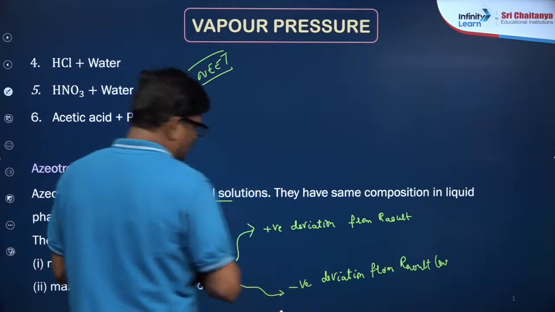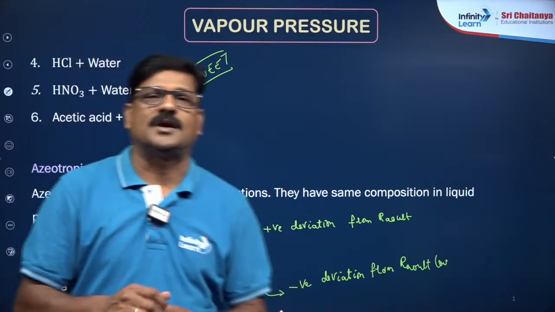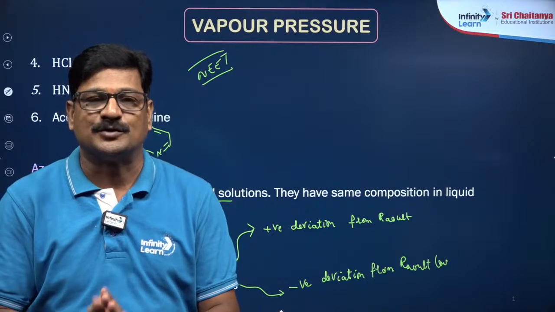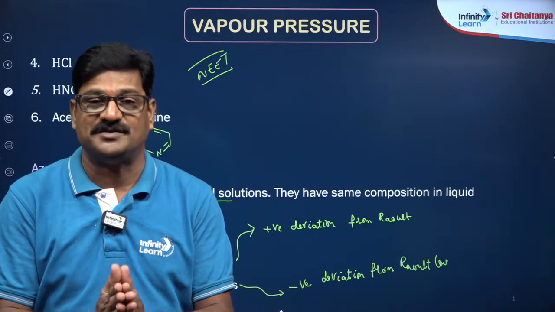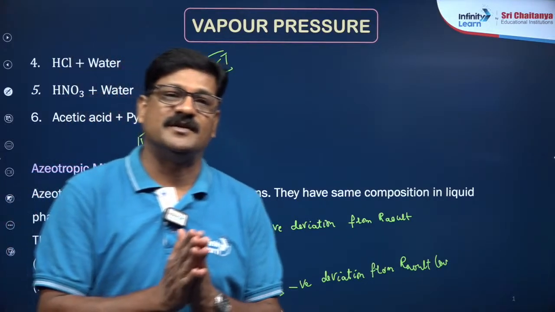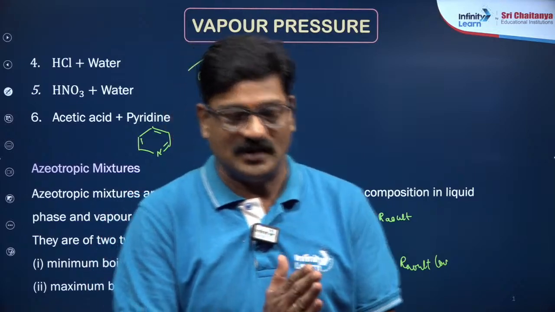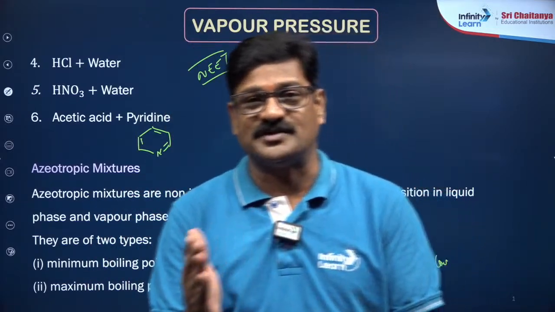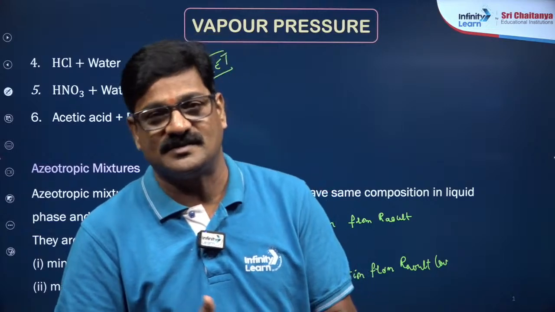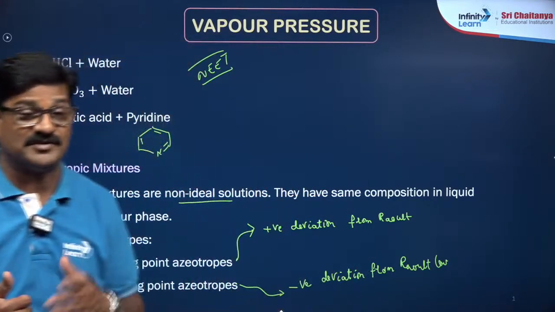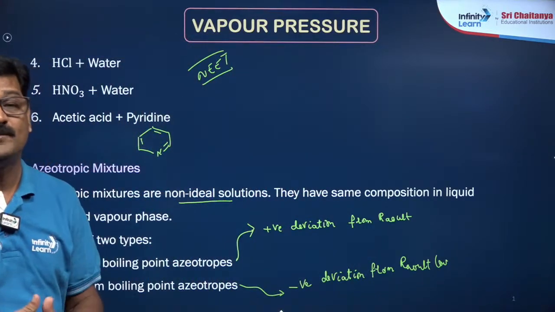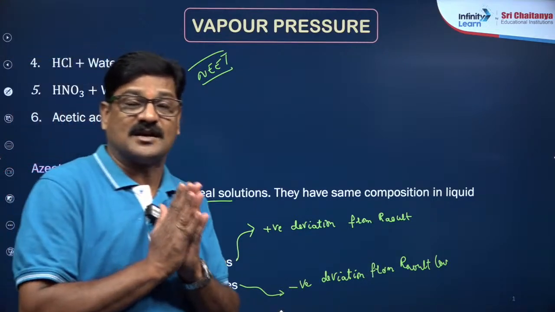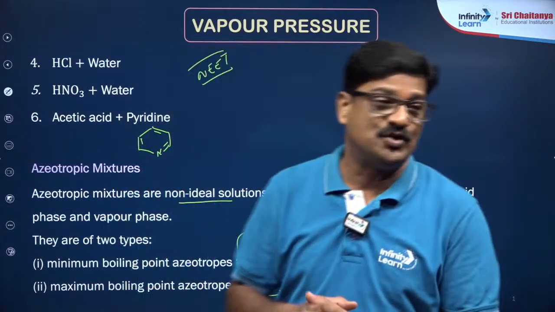So in today's class, I just want to conclude because I have a class immediately. Today we discussed vapor pressure, its factors, the relation between vapor pressure and boiling point, the vapor pressure curves, Raoult's law, ideal and non-ideal solutions and their graphs, and azeotropic mixtures.